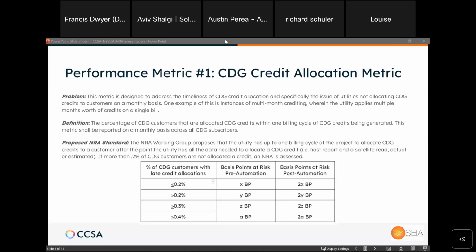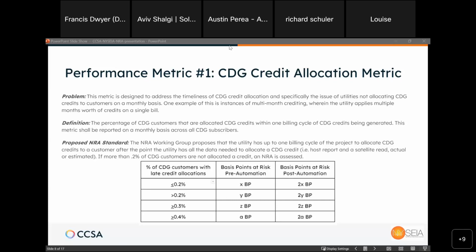But that gives you a full month for a calculation that should technically be seconds. We do understand that there are going to be a little bit of errors and small stuff, which is why we're saying you can get up to 0.2%, which is still, as Austin mentioned, hundreds of households, hundreds of families in New York who are having issues with their bill. So it's okay to have a little bit of issues and errors and delays, but not a whole lot.